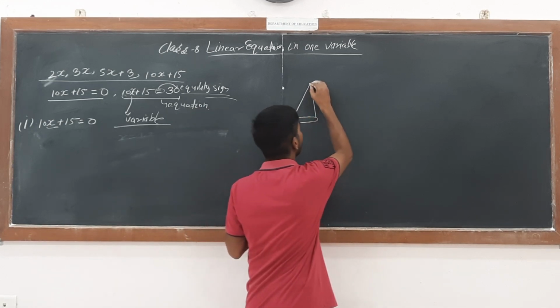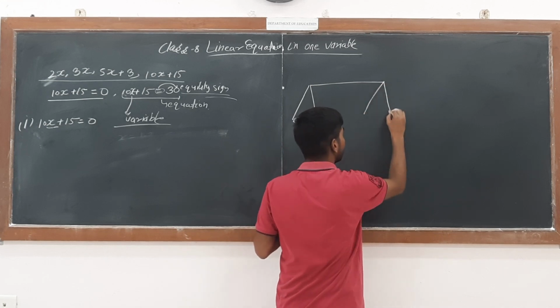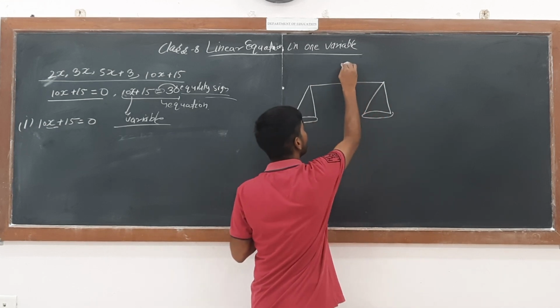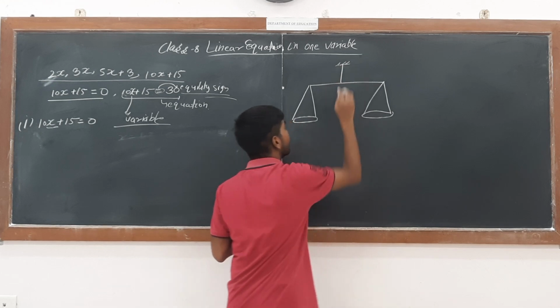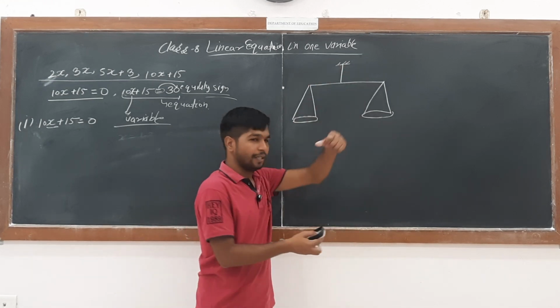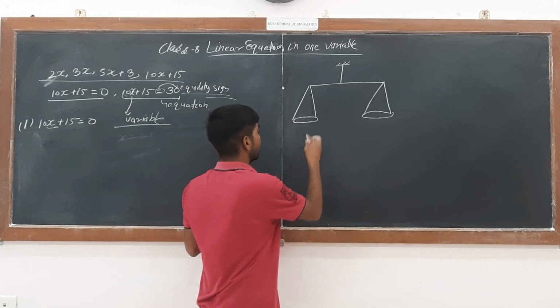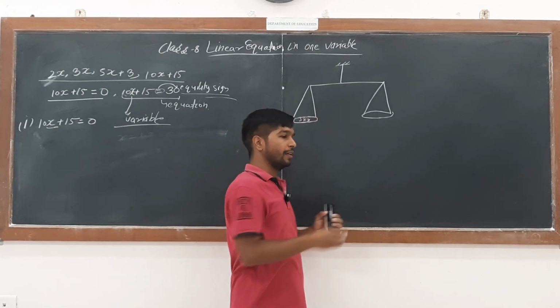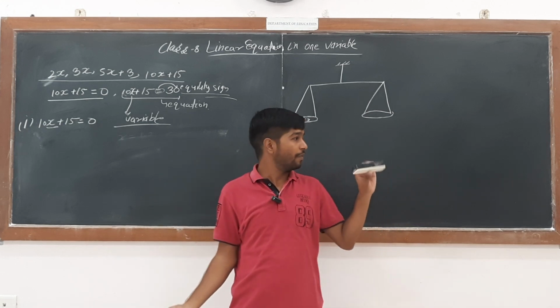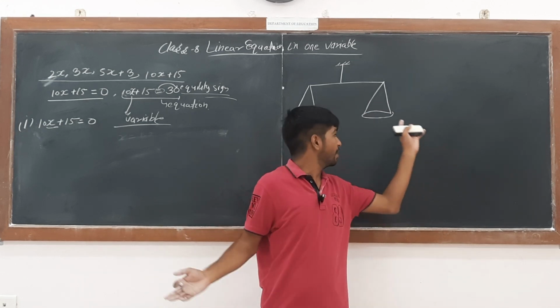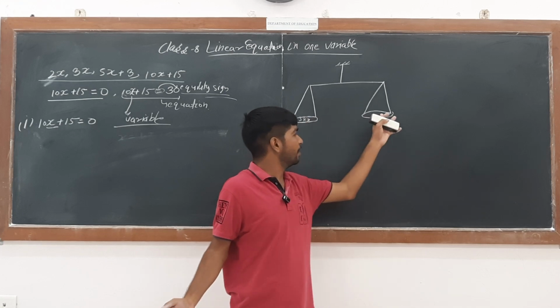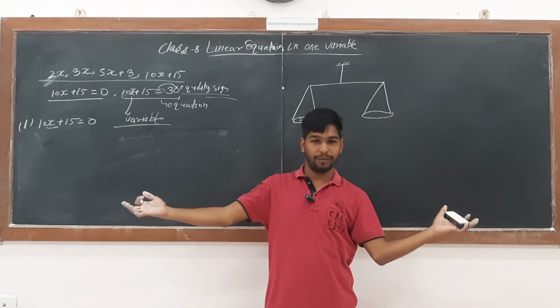I'll take a weighing machine. If you have seen a weighing machine, and if I keep 5 kg weight on this side, then it will come down. So to bring it back, I have to keep 5 kg on the other side, and then it will come to balance.